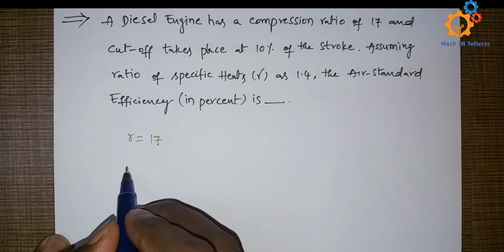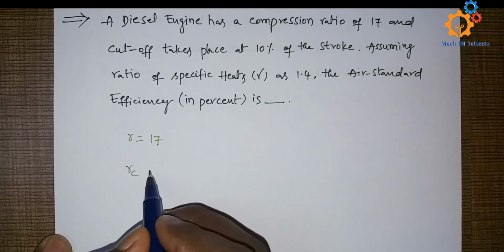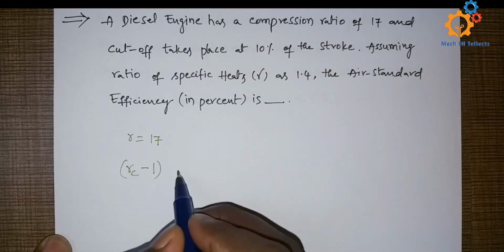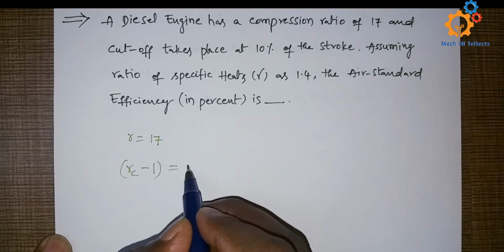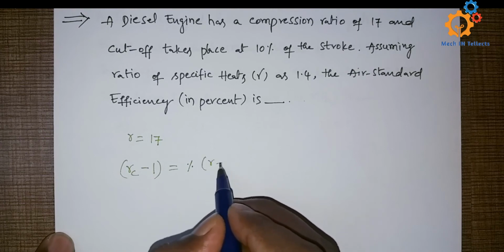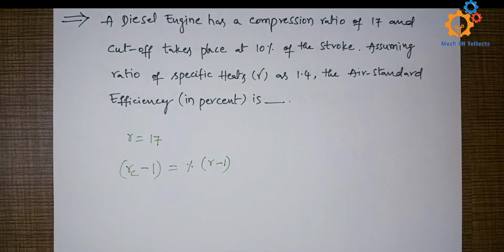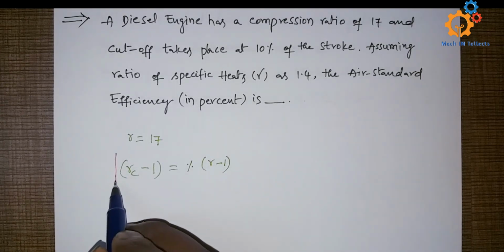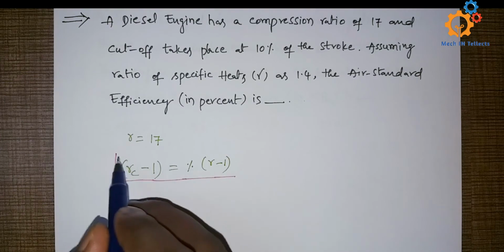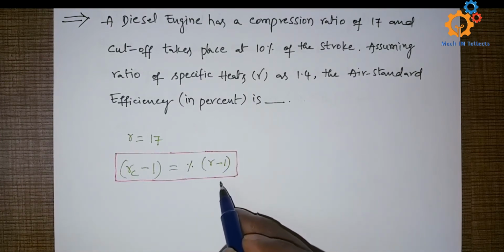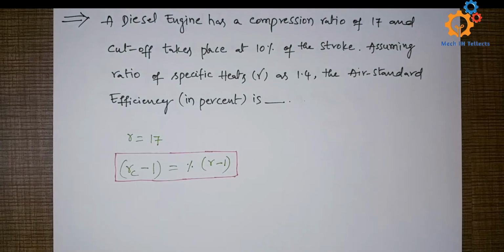See, cutoff ratio RC minus 1 is equal to percentage times R minus 1. This formula I am going to use for finding cutoff ratio here. I will tell you how I got this formula at the end of this problem.